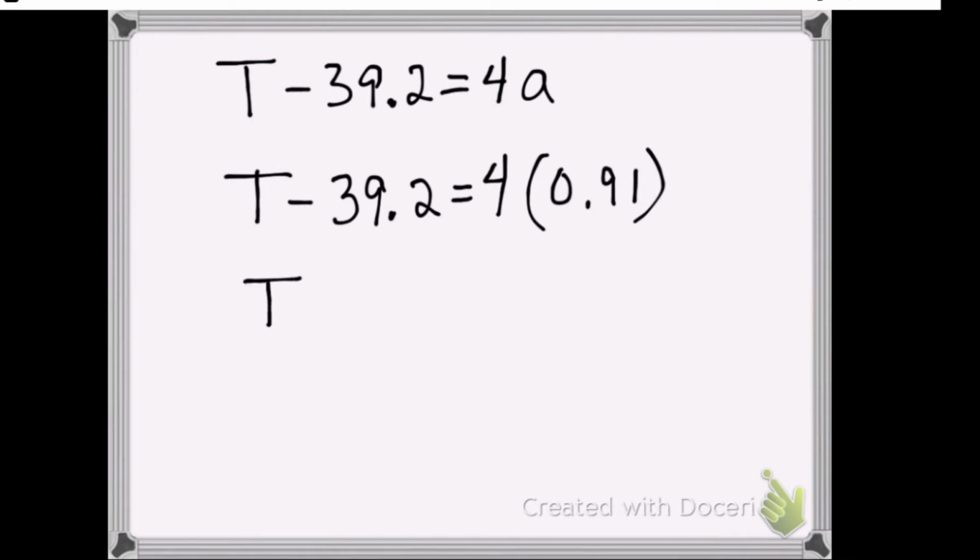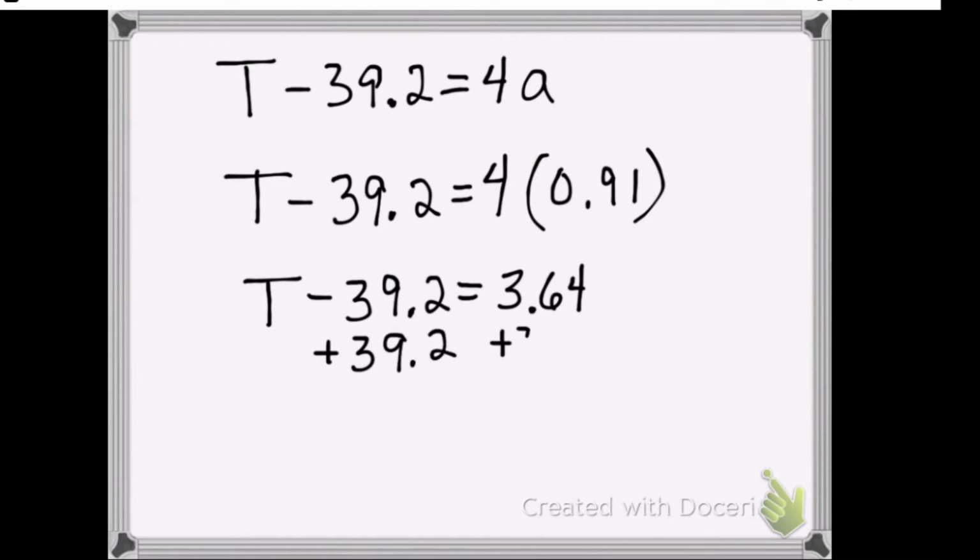So this gives us t minus 39.2, and now we're going to do 4 times 0.91. And 4 times 0.91 is 3.64. And then we'll solve for t by adding 39.2 to both sides of the equation. Right? We want to get rid of the 39.2 on the left side of the equation, but it's negative 39.2.